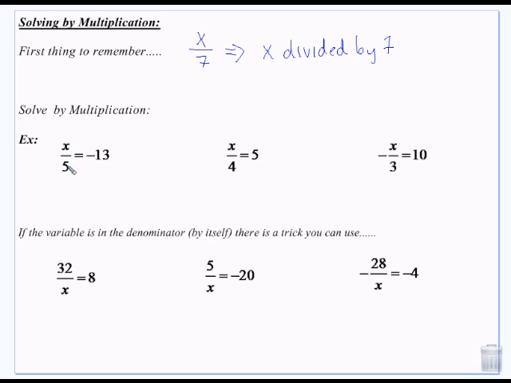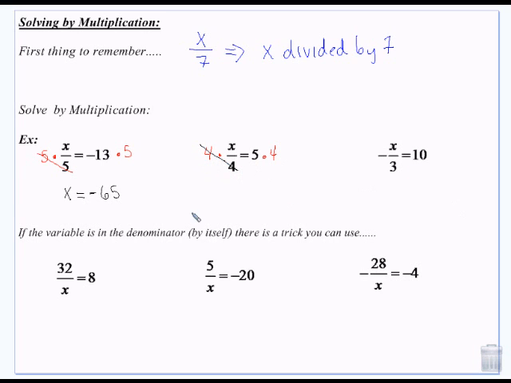So if x is being divided by 5, the opposite of division is multiplication. Those will cancel. X is left. -13 times 5 is -65. X divided by 4, the opposite of divided by 4 is to multiply by 4.